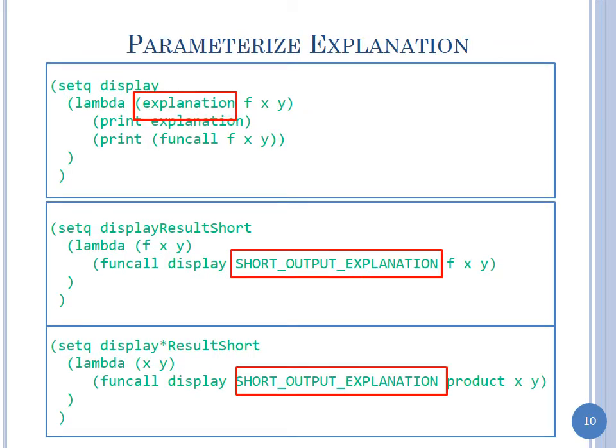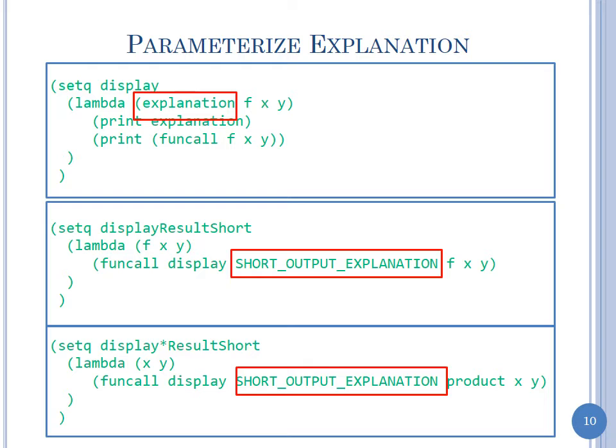We added an extra argument, explanation, which took the printed out value as a parameter, and so we could reuse our original function. So we could just give this particular value as a parameter and get our reuse.